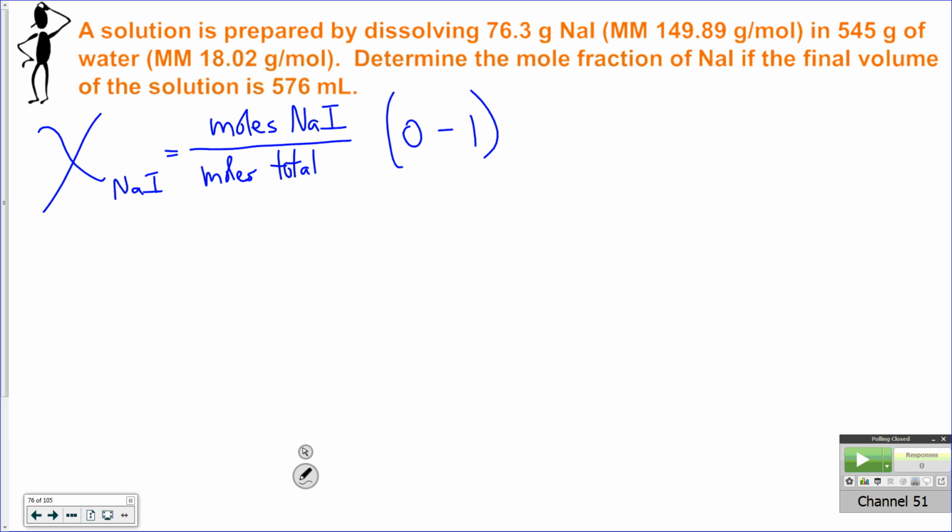So start with the sodium iodide. I've got 76.3 grams of sodium iodide. And it's a pretty heavy compound because the mass of the iodide is so high. It weighs 149 grams per mole.